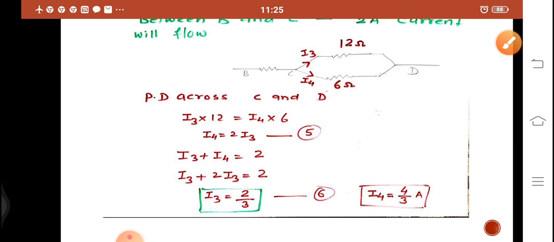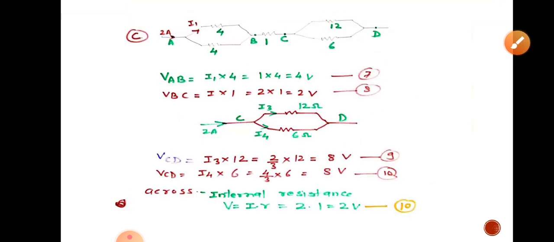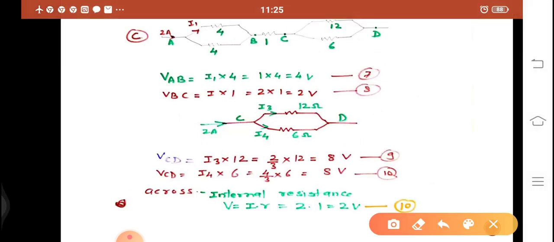Now we will calculate potential drop. So here potential drop will be I1 into 4. I1 is 1. So VAB will be 4 volt. Between B and C, 1 ohm resistance and current is 2. So it is 2 volt. Now between C and D, VCD, I3 into 12.